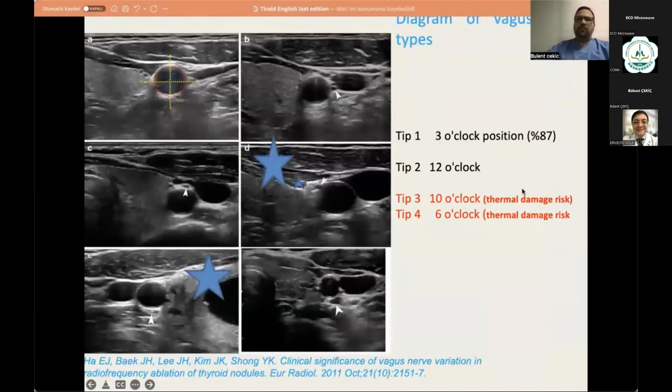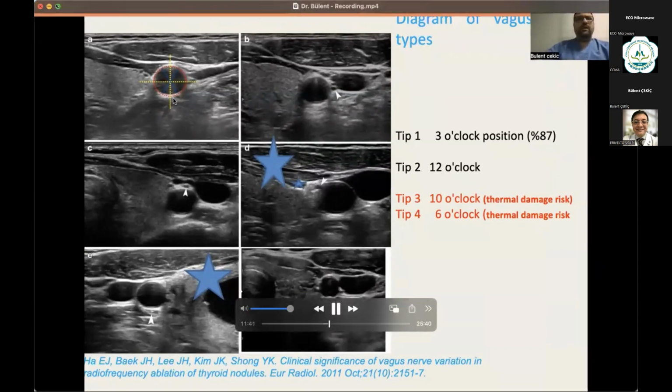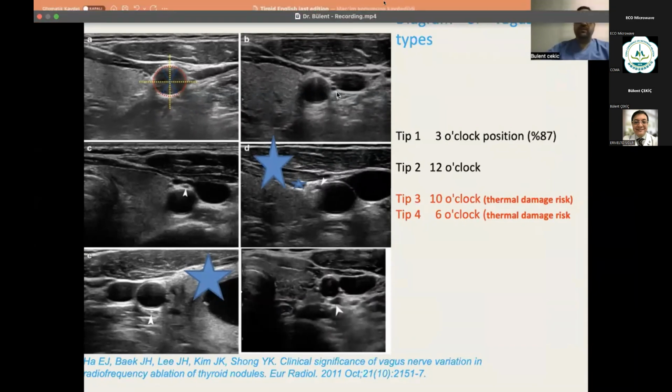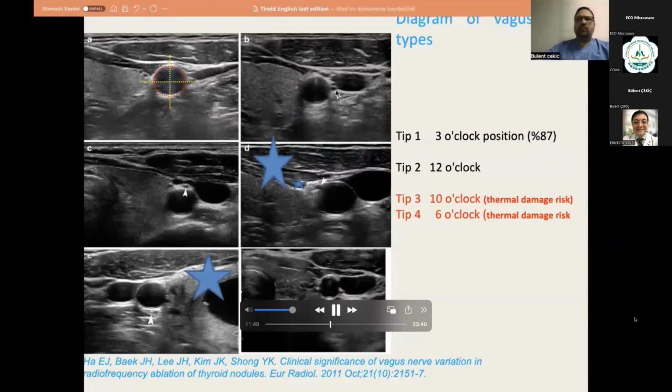Second, before the thermal ablation, we look at some anatomic variations. The first we look at is the nervus vagus. Here is the diagram of the types of nervus vagus variation. Normally, the nervus vagus is in the carotid sheath at 2 o'clock or 3 o'clock. This is type 1.